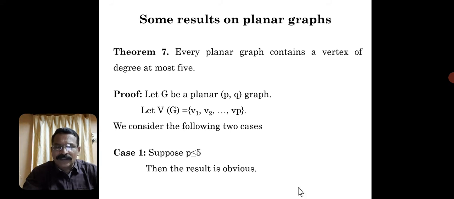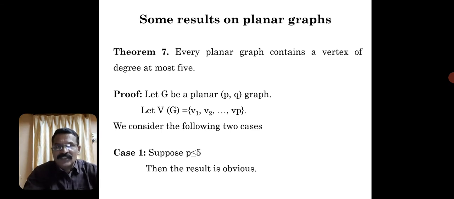Now we consider two cases here. Suppose P is less than or equal to 5. It implies the graph contains at most 5 vertices. When the graph contains at most 5 vertices, the complete graph with 5 vertices is K5. That is the largest graph with 5 vertices.